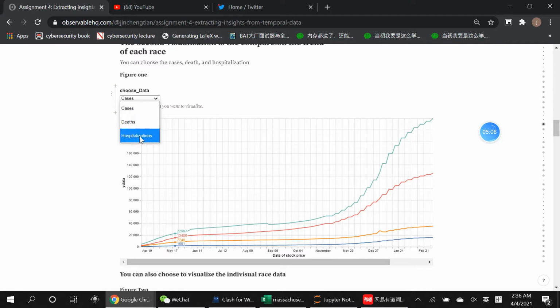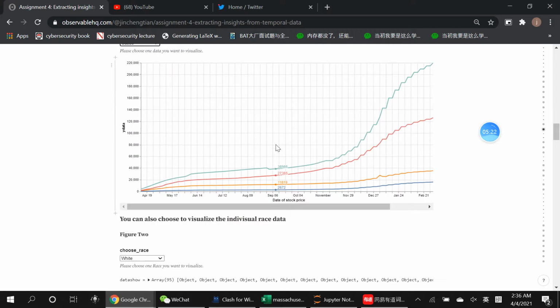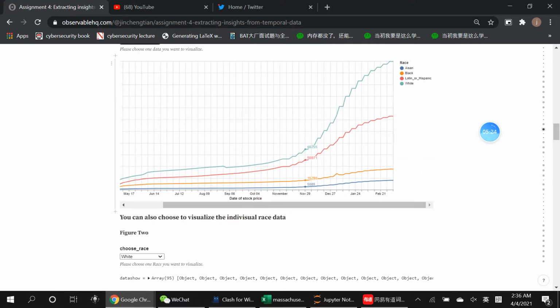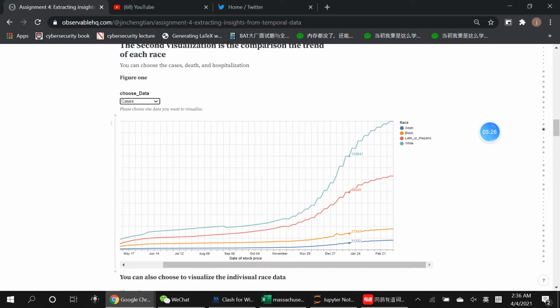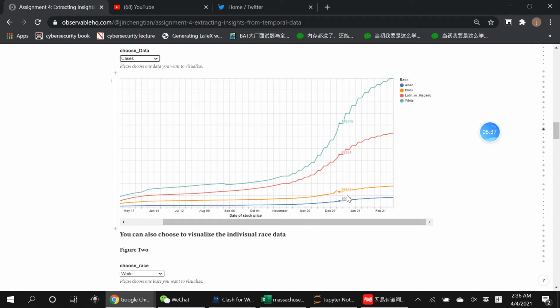This is different from part one, because part one shows the total number, and the second one shows the temporal number, demonstrating the trend as the date changes. You can still see that white people have the highest trend, with a sharp increase at the end of last year and the beginning of the current year.